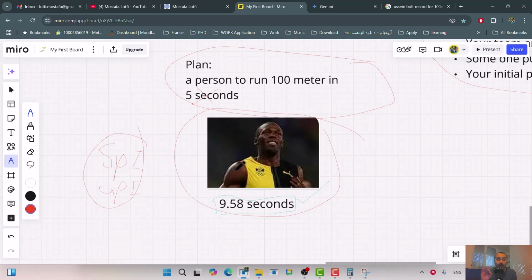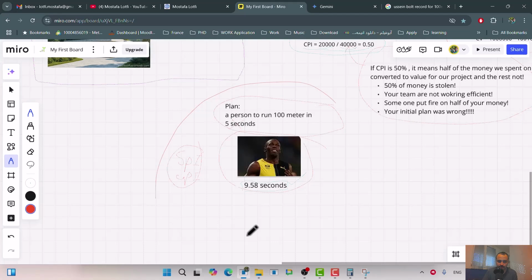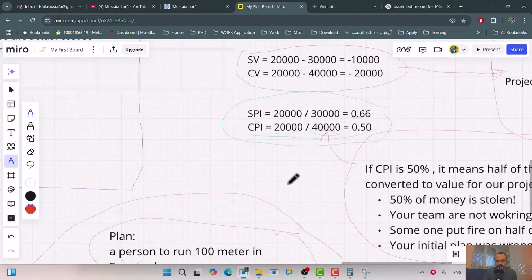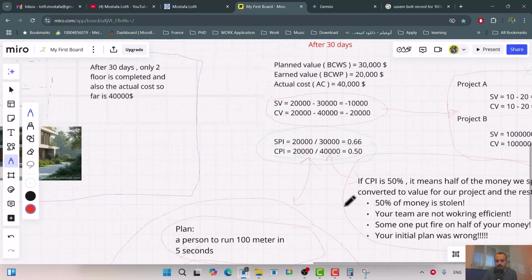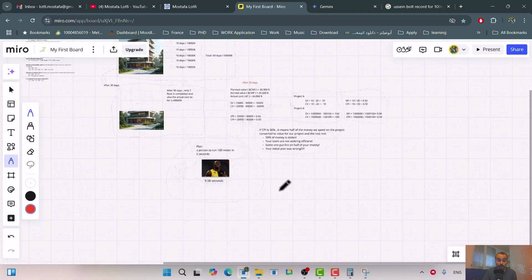It's a problem from planning. Okay, so this is also a very important concept that I want to emphasize here with these two. I hope it's clear now, or more clear.